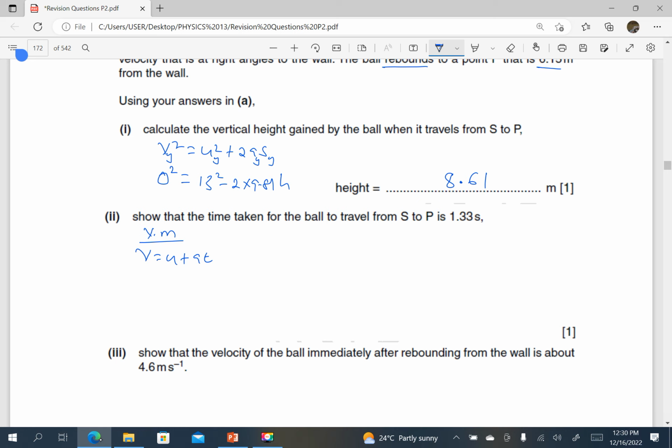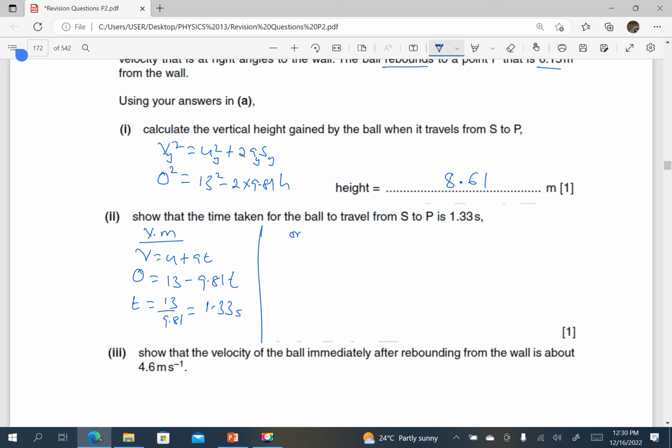Remember, when it hits the wall, final vertical velocity is 0. Initial is 13 minus 9.81 times T. So T is 13 divided by 9.81, and this is automatically 1.33 seconds.